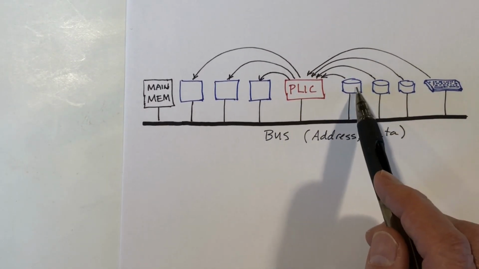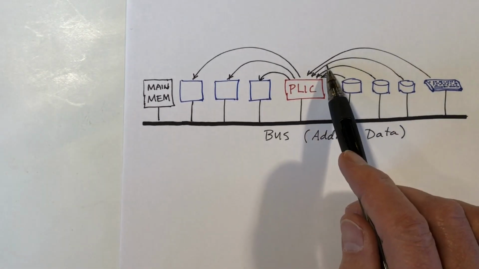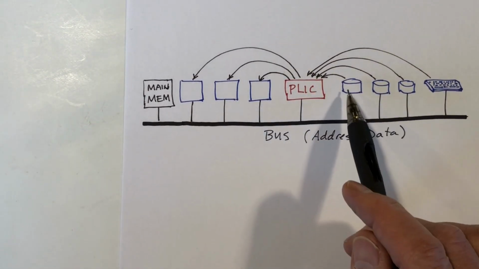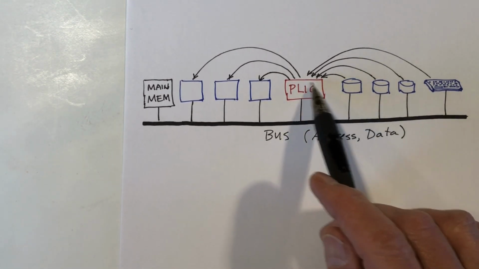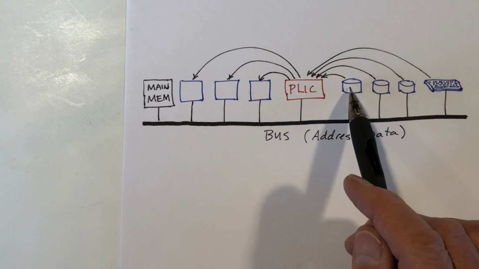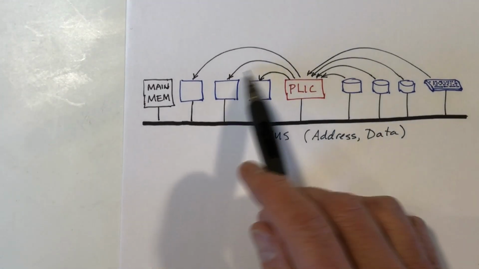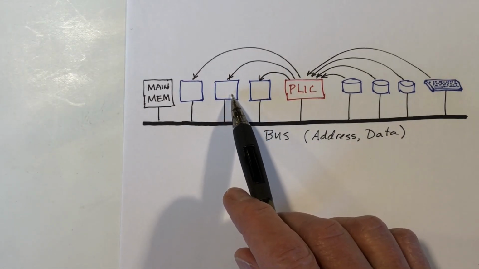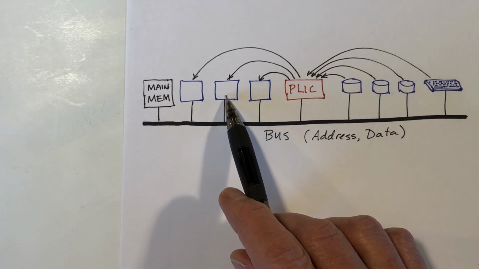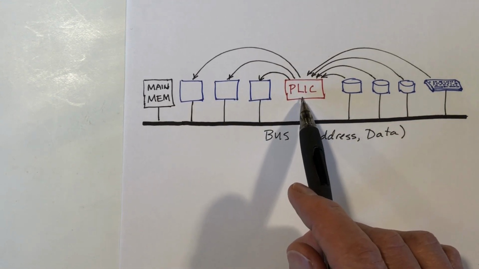the memory mapped registers. Up above, I've shown the interrupt lines. And those are essentially wires that are used to transmit the interrupt. So when an interrupt occurs, the signal will go over the wire to the PLIC, and the PLIC will then notify one or more cores that some device is requesting attention. The PLIC itself is also memory mapped.